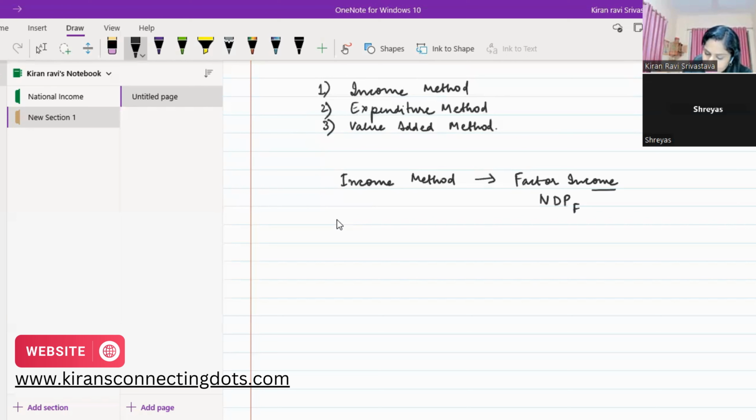NDPFC, that is net domestic product at factor cost, gives you the sum total of factor income of all factors of production in the domestic territory.